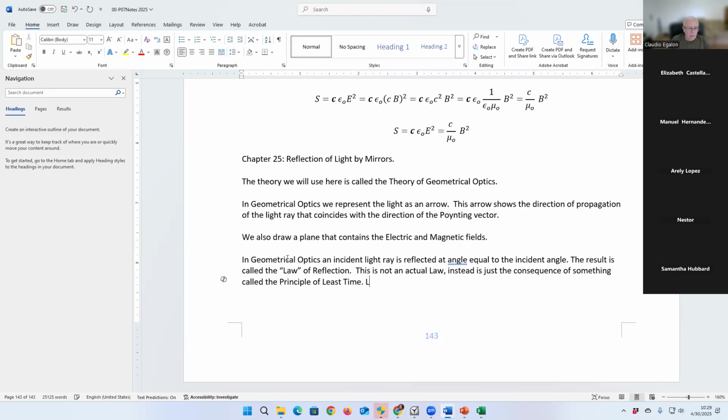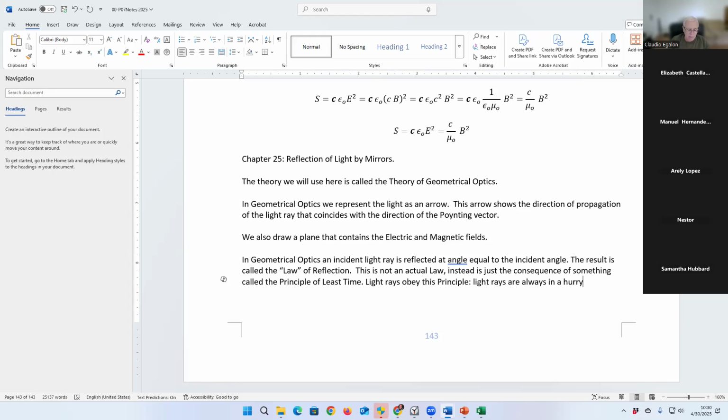So light rays obey this principle. It's just like saying that light rays are always in a hurry, right? A light ray wants to go from one point to another in the least amount of time.